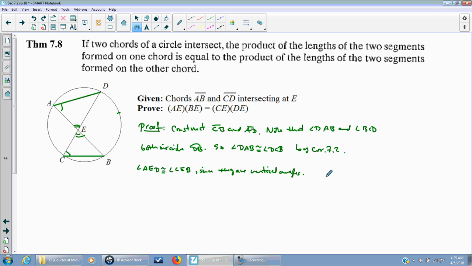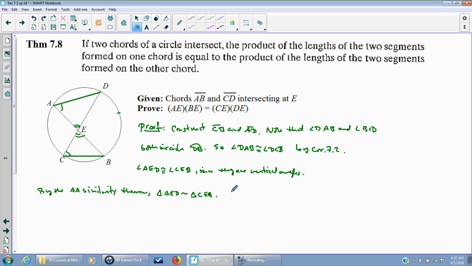So now I have two different triangles here by the AA similarity theorem. And the number is not on my tongue right now. I don't know what number that is, but I have two triangles here, and I know that two corresponding angles are congruent, so it forces the third one to be as well, which forces the triangles to be similar. So by the AA similarity theorem, I know the triangle AED is similar to triangle CEB.